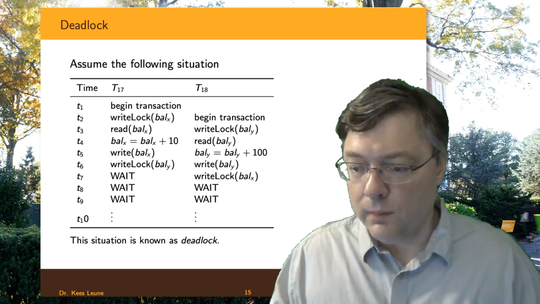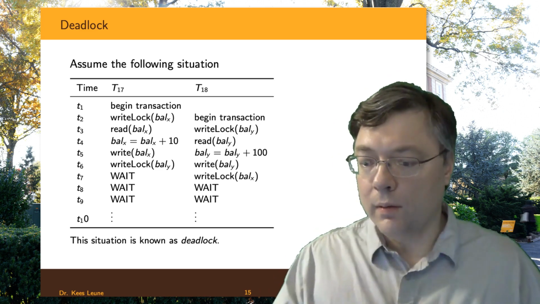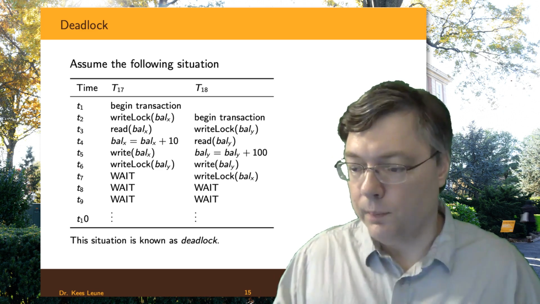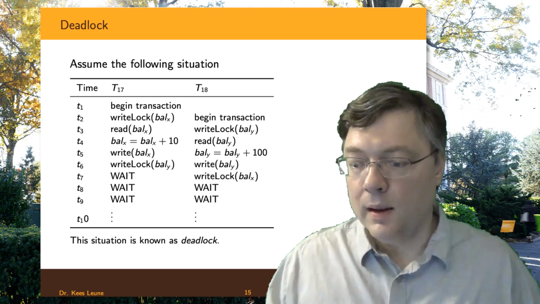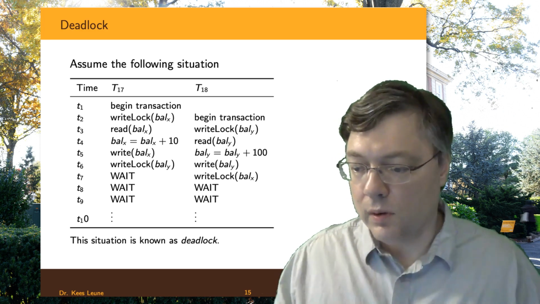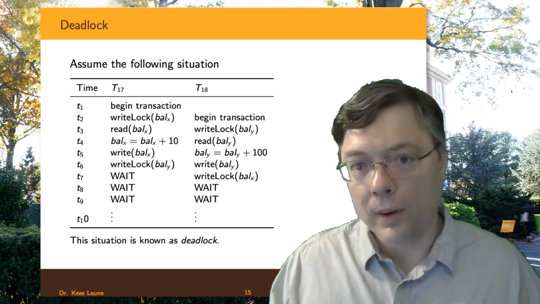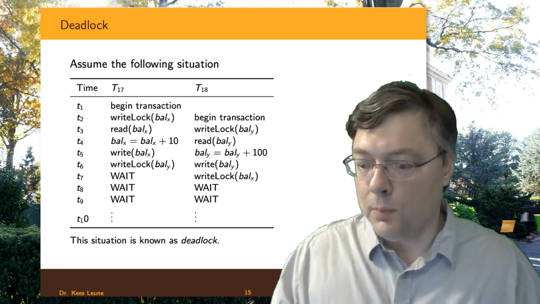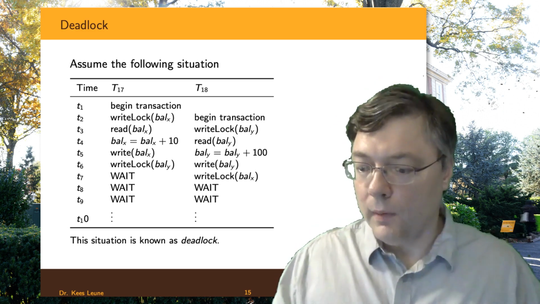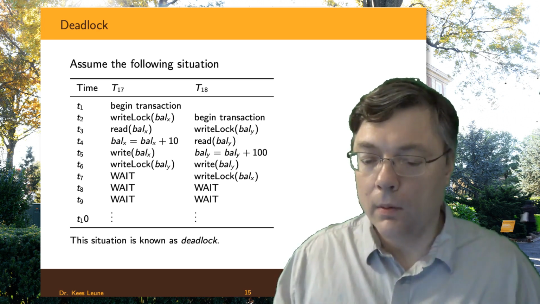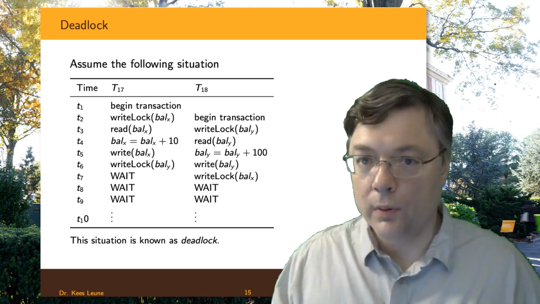We're beginning a transaction and then we grab a write lock at T2, time index 2. The second transaction then begins and in time index 3 also gets a write lock on balance Y, a different field. The first transaction is updating the balance, writing it, and now it wants to update the Y value, which it will have to wait for.